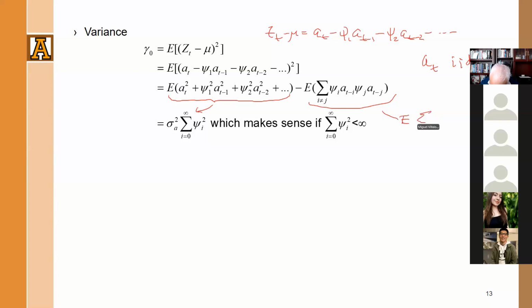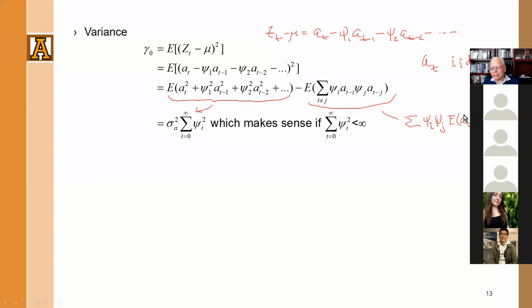I'm removing the expected value from here. Let me erase this. This is going to be equal to the sum of psi i times psi j, expected value of a_i times a_j.